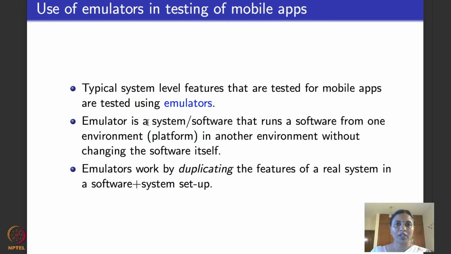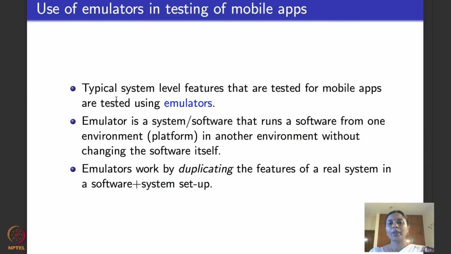So you configure it for iOS, for this particular iPhone device, which has this screen resolution, this kind of display, and so on. So the emulator lets you configure a particular system, software and hardware, such that you can run your app as if you're actually running it on the real phone and test all the features of your app that you want to test.